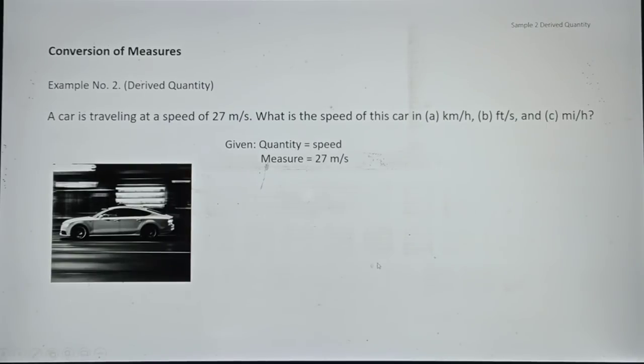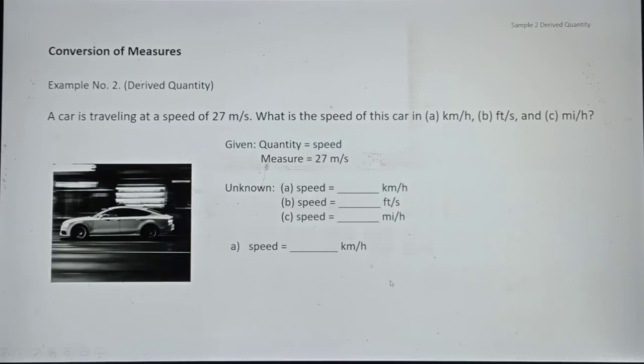In this problem, when analyzed, the quantity given is speed, and the measure of speed is 27 meters per second. The unknowns required in the problem are the speed of the car in kilometers per hour, feet per second, and miles per hour.